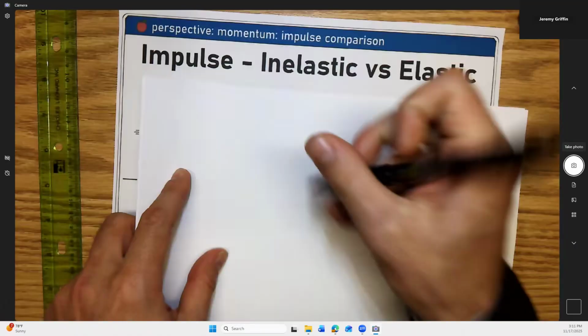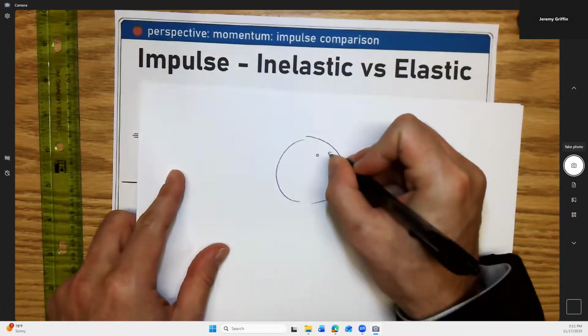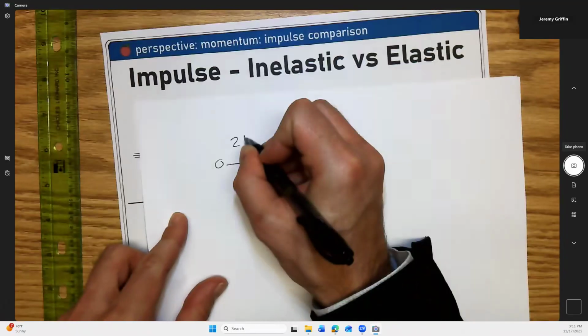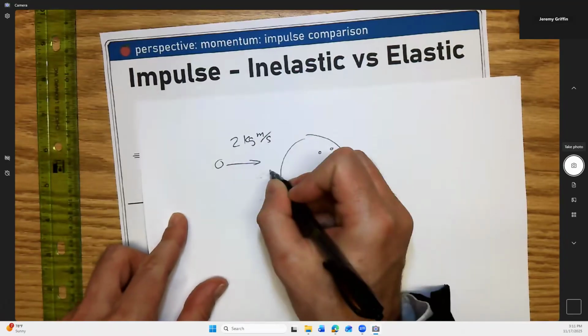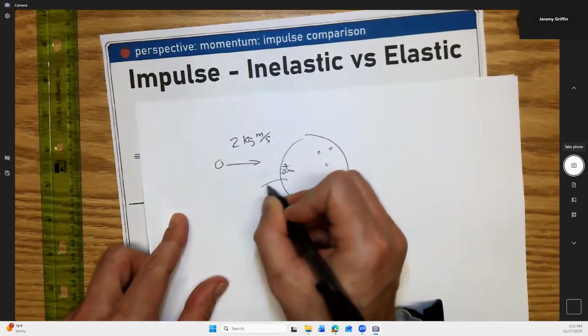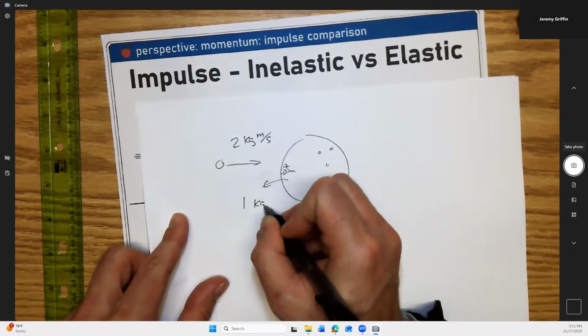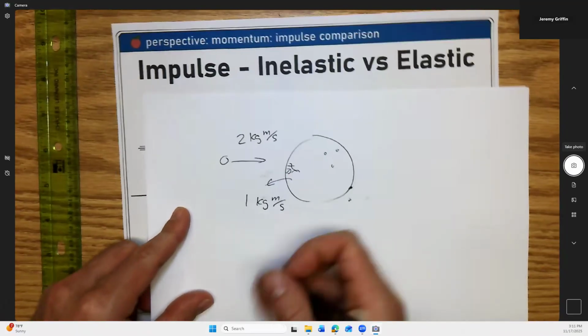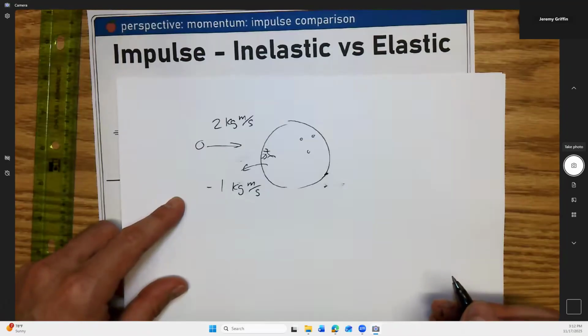Okay? Like here, say we've got this bowling ball. Here comes the bouncy ball with 2 kilogram meter per second, and it bounces off. Boing. Let's say at 1 kilogram meter per second the other way, or you can interpret that as a negative, couldn't you? Because it's going to the left. Okay.